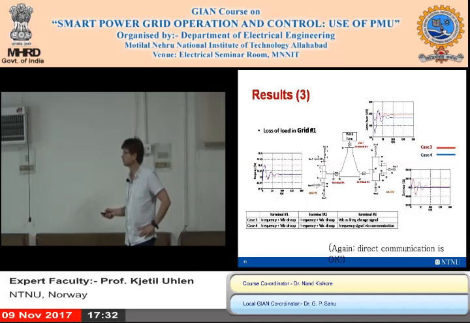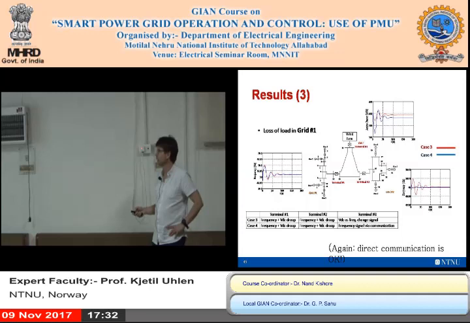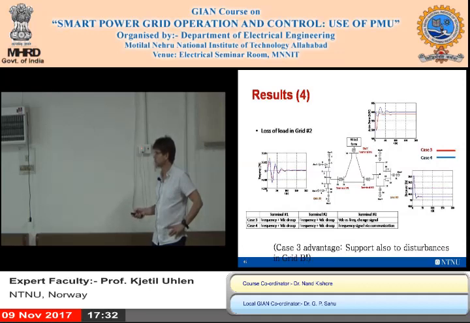Then you get a similar result as in the first case. But the main difference is in this case where the loss of load is in this area, and they both are on voltage droop.